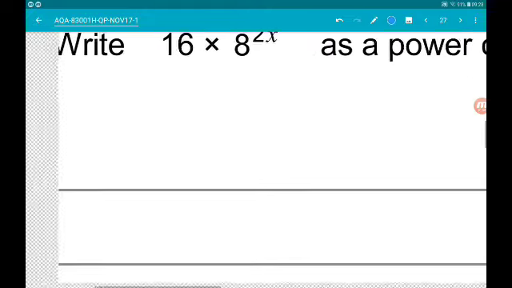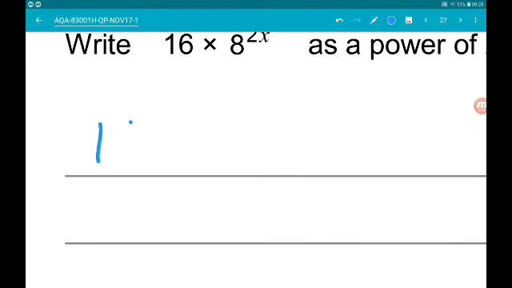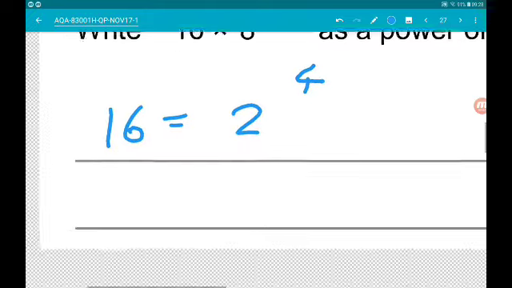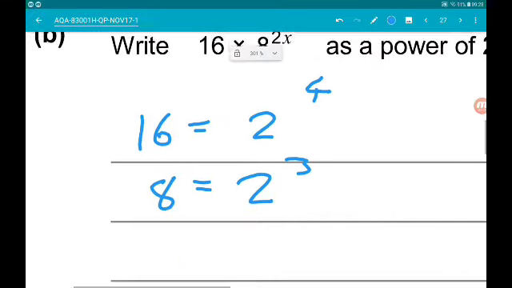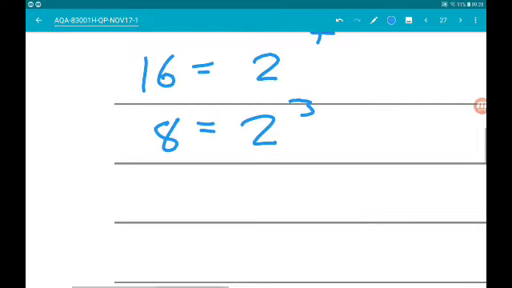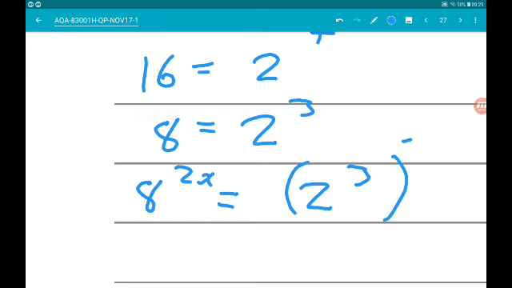So 16 is 2 to the power 4. 8 is 2 to the power 3. So we could write 8 to the power 2x as 2 to the power of 3, to the power 2x.